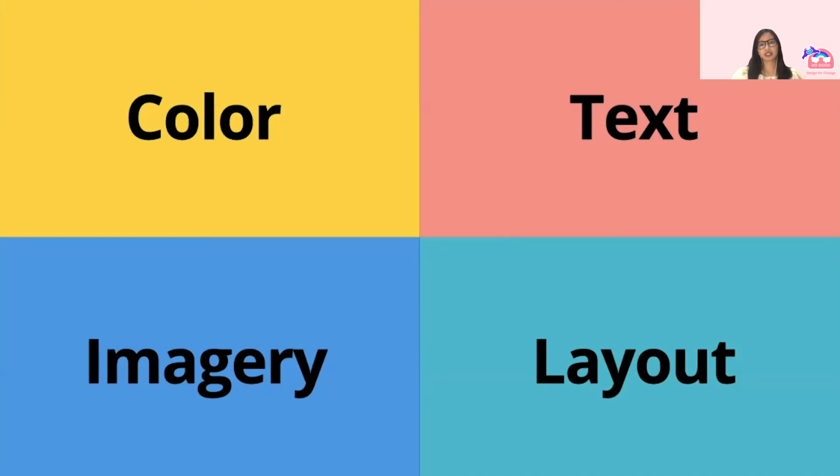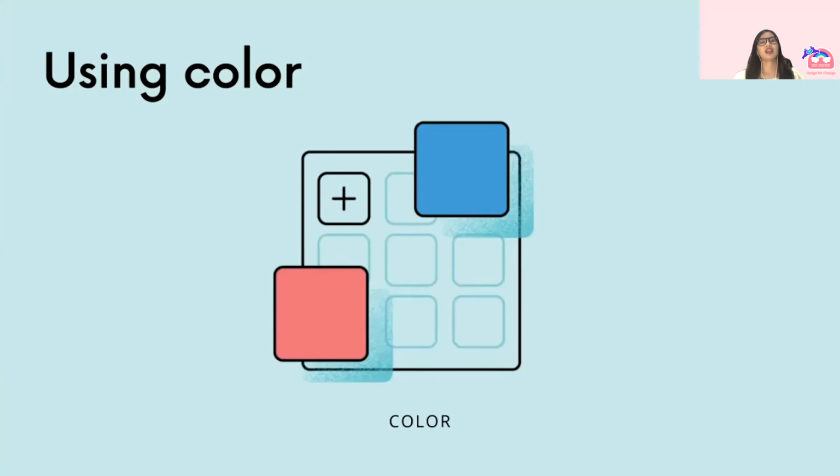So let's first start with colors. Color is one of the most important things, I would say, or one of the most basic things that you can take into consideration when making a design, because colors tend to have a certain impact just by seeing them.